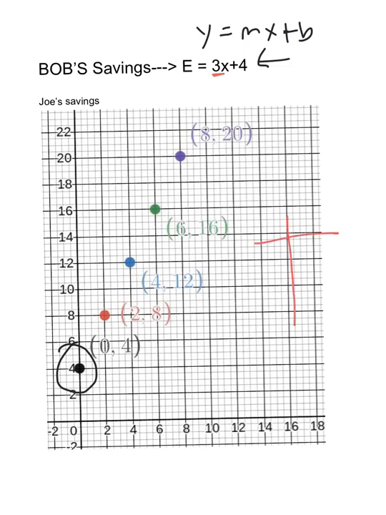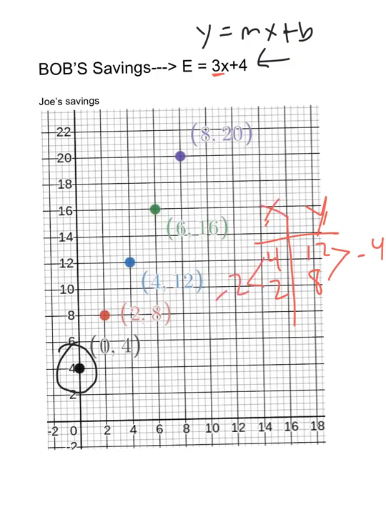If I put it into a table, I can pick any 2 points I want because it's linear. So let's pick (4, 12) and (2, 8). How do I get from 12 to 8? I'm going down 4. And how do I get from 4 to 2? I'm going down 2.